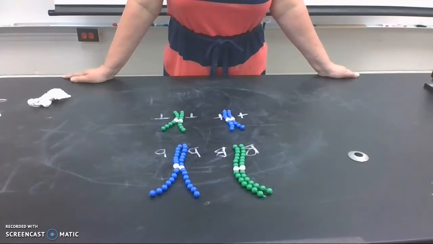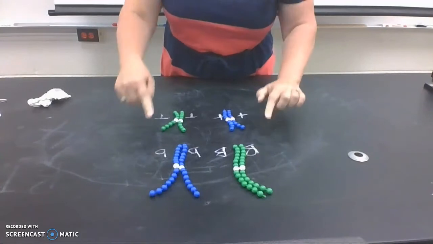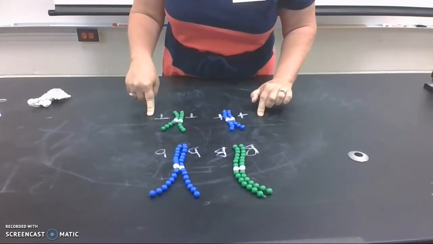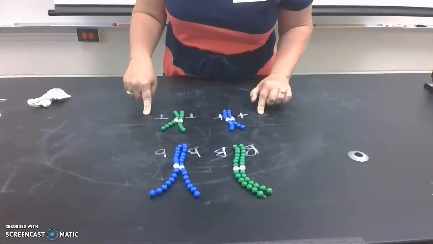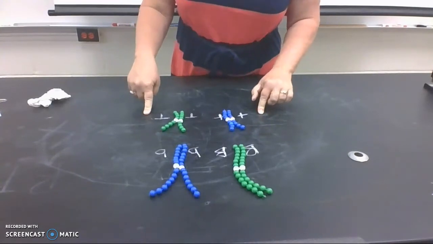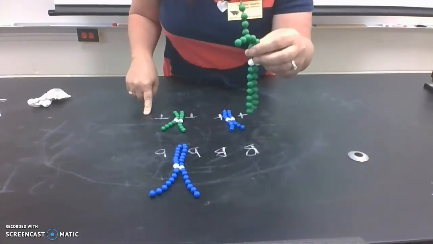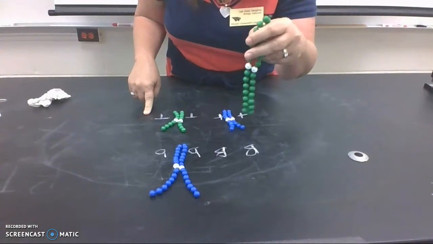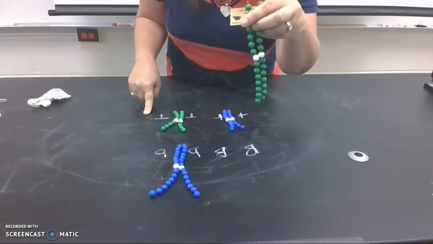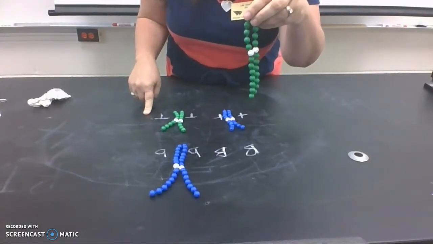But before I go into meiosis, I want to explain to you a little bit of heredity. You can see that beside each of these chromosomes, I have letters, B's and T's. A chromosome contains strands of DNA called genes, and each gene codes for a particular trait.